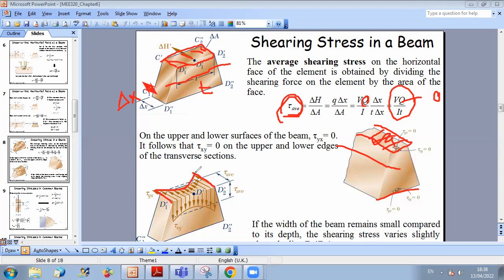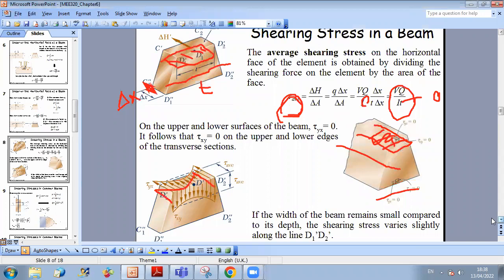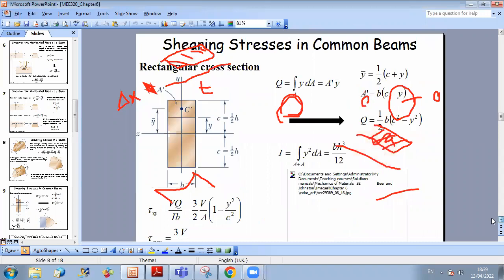But in general, if the width of the beam remains small compared to its depth, then you can neglect the shearing stress variation. You will have slight variation over line D1 prime, D2 prime.